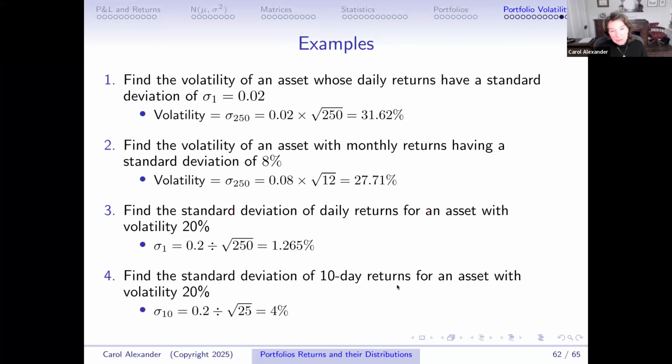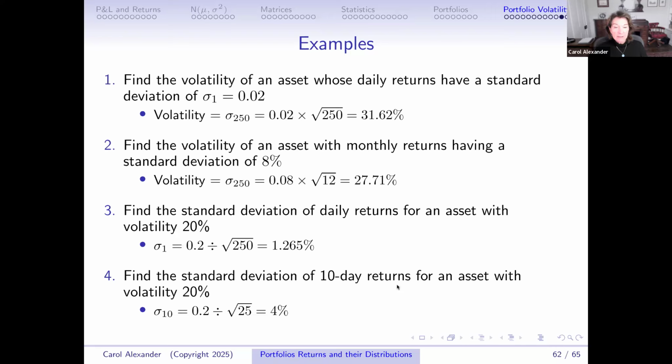We don't always scale to annualize, but typically that's what we do. So here's some examples. Find the volatility of an asset whose daily returns, we've got sigma 1 is 0.02. So for that, we need to use square root of 250 as the annualization factor, and we get 0.02 times square root of 250, which is 31.26%. What about if we've got monthly returns?